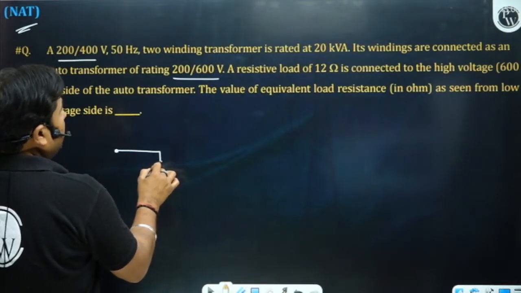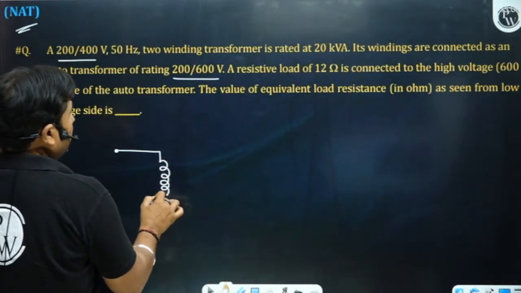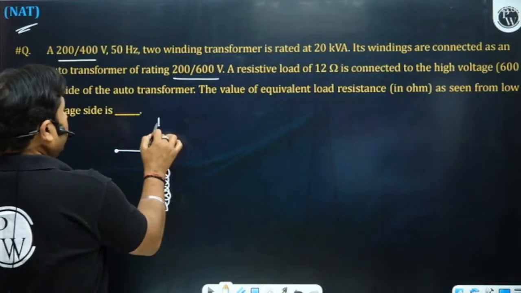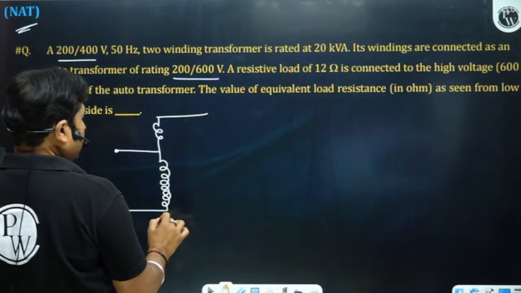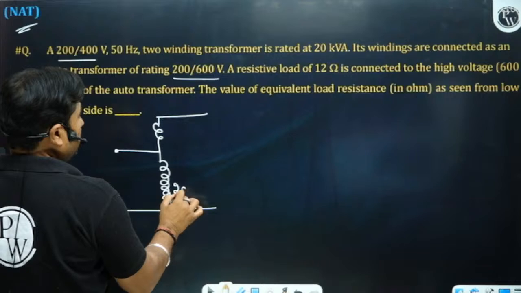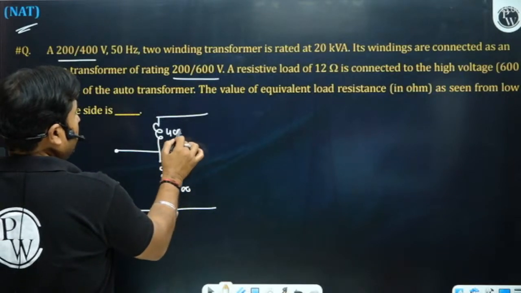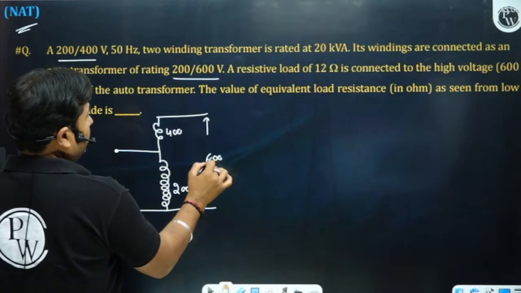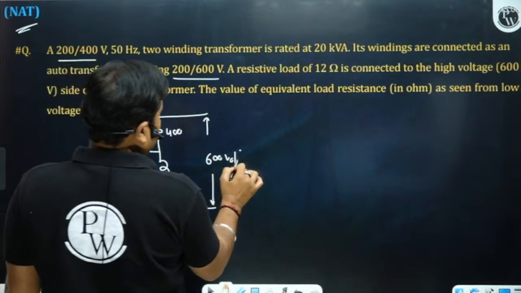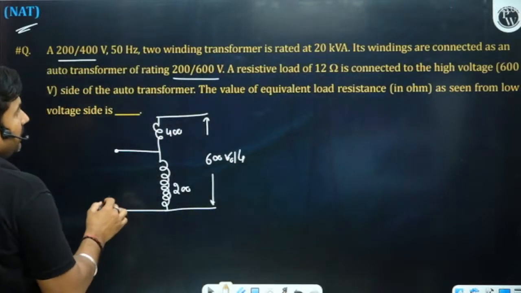Its windings are reconnected as an auto transformer, 200 by 600. Basically this is 200, this is 400, so this will become the 600 volt side. Is it okay? Yes, sir.